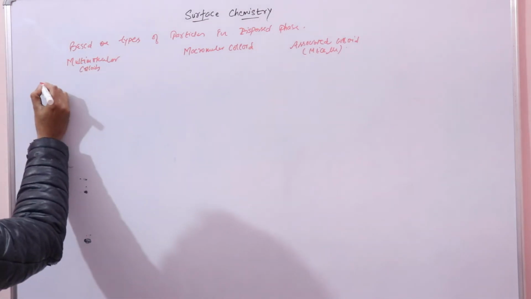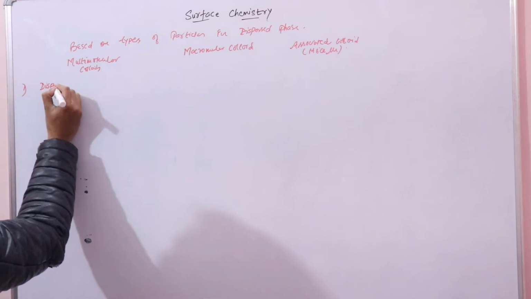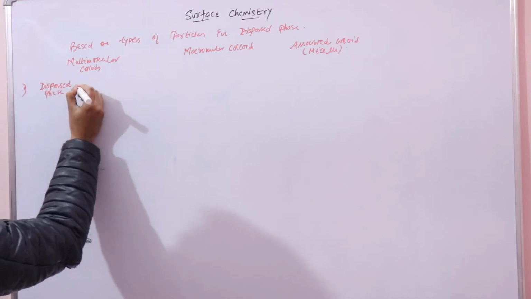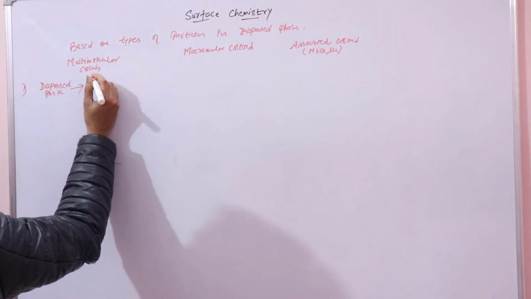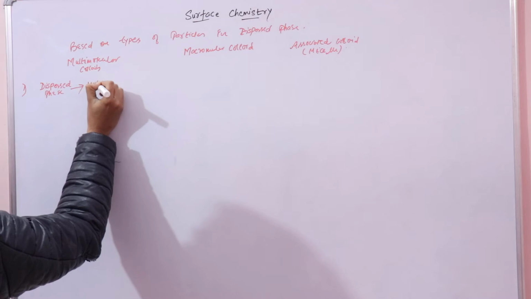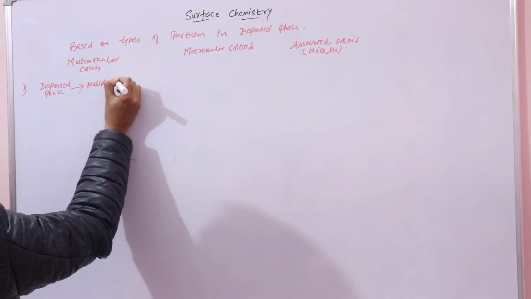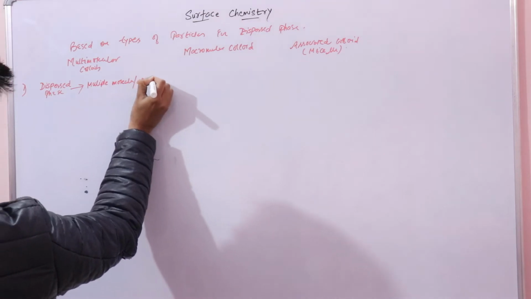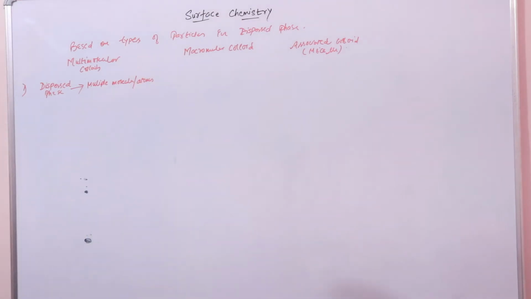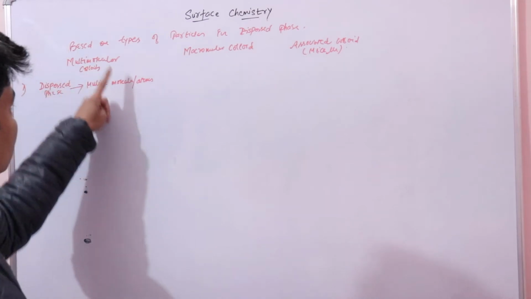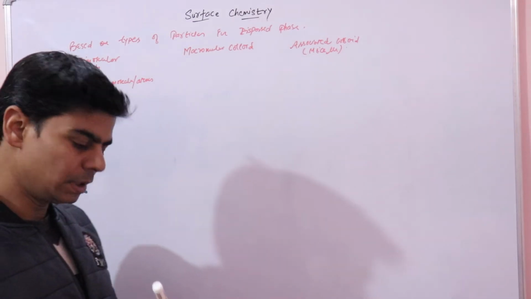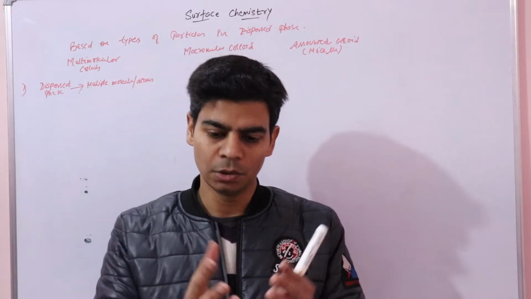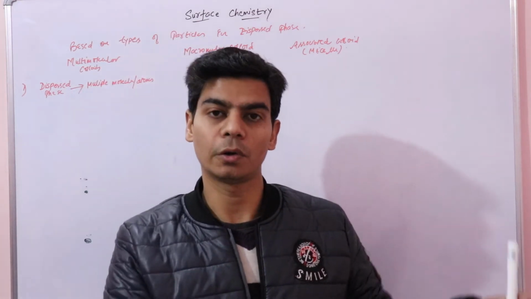So here the dispersed phase will consist of multiple molecules or atoms, right? So in solution, multiple atoms or molecules will associate to form particles of colloidal range.